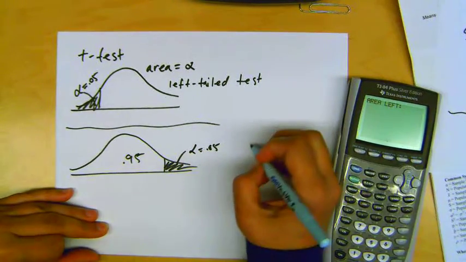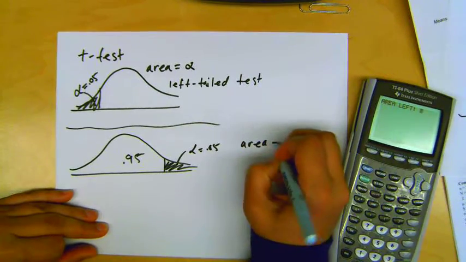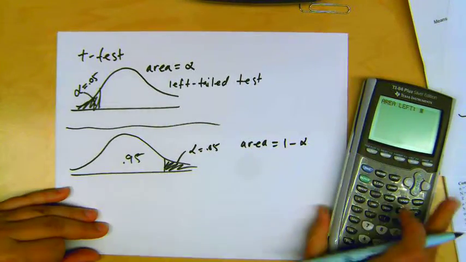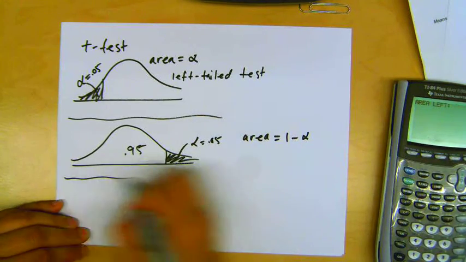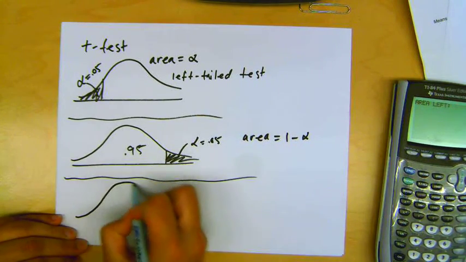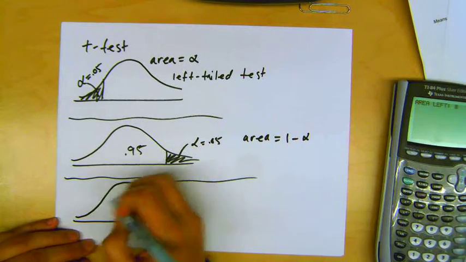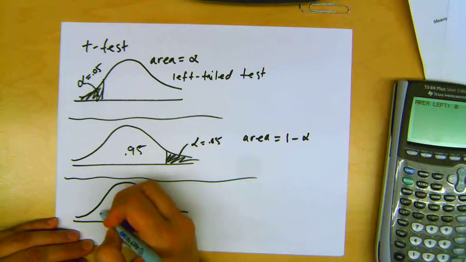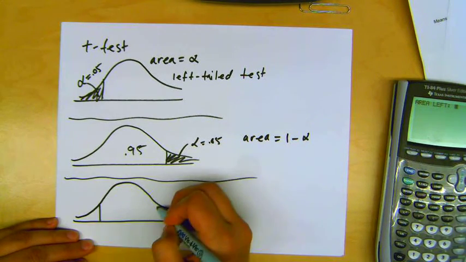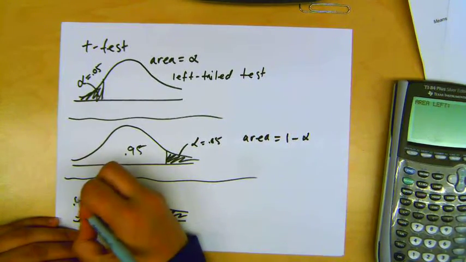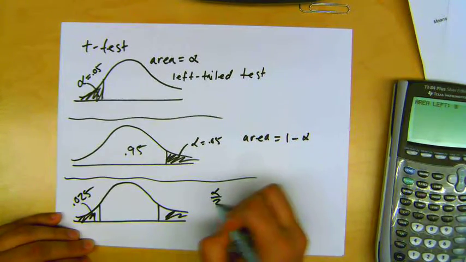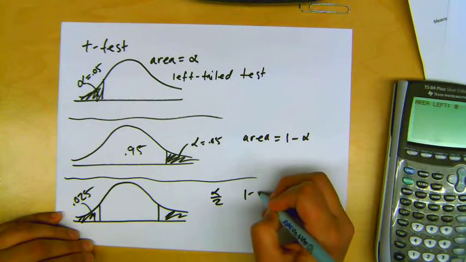So you're going to want to put in your area as 1 minus alpha. And then if you're doing a two-tailed test, now this one's symmetric, so you only have to do one of them, but the lower tail is going to be alpha over 2.